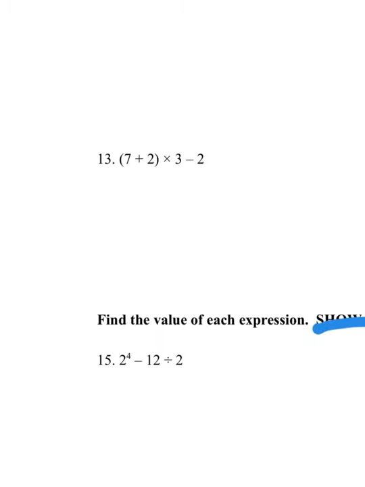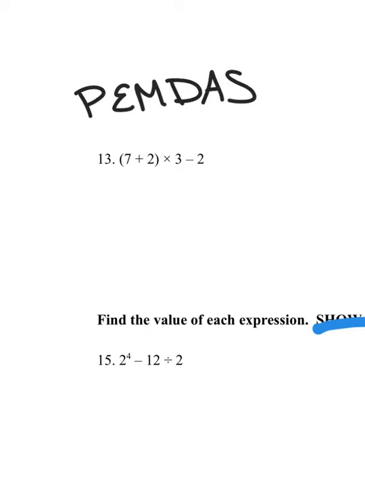Go to page 2. Again, we're continuing our PEMDAS for 13. I'm going to write it out just so we have it. All right, to start, we do have parentheses right here. So we're going to do 7 plus 2, which is 9. Bring down the rest of my expression.